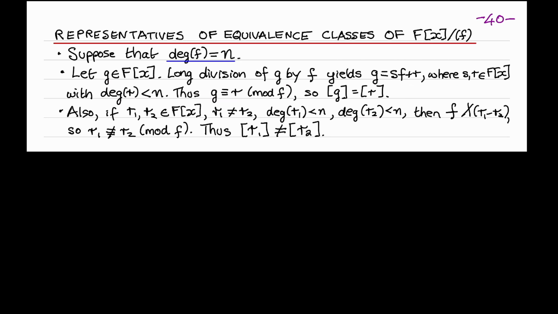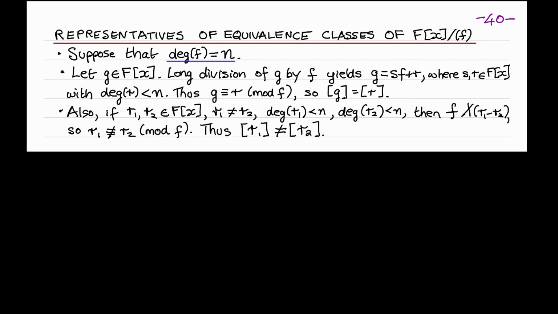Furthermore, if r1 and r2 are different polynomials over F, and both have degree less than n, then f cannot divide r1 minus r2, because r1 minus r2 is non-zero and has degree less than the degree of f. Hence, r1 is not congruent to r2 modulo f, and so they represent different equivalence classes.